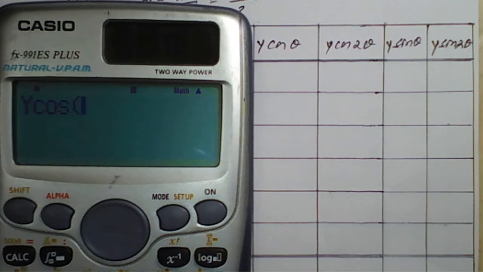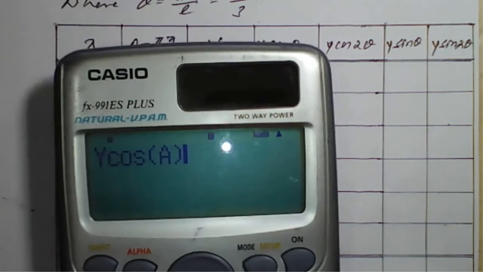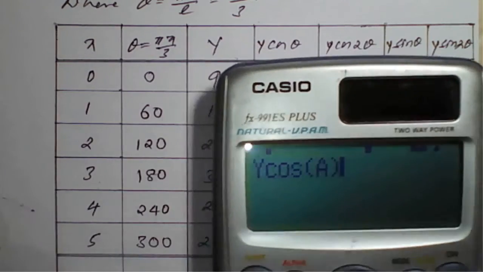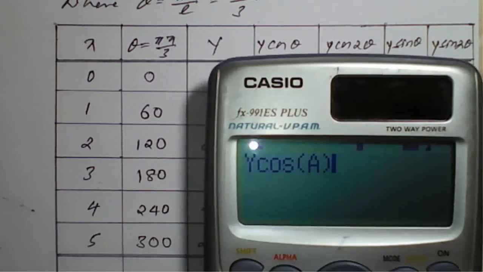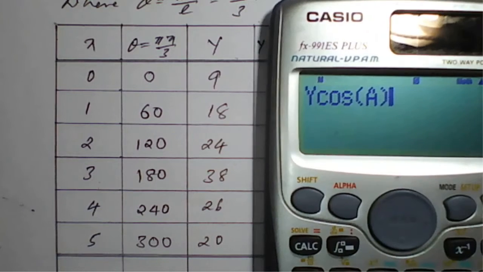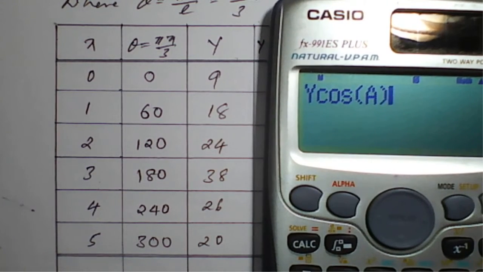Instead of theta, I will take capital A, so here A will be treated as theta now, because we need to apply the value. Wherever it asks the value of A, we will replace it with the value of theta.